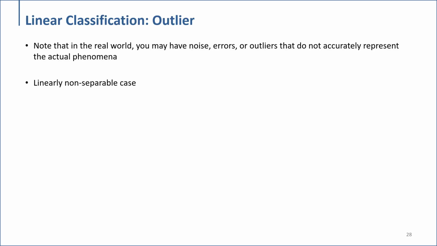From now on, let's see the case where an outlier exists. Of course, in the real world, you may have some noise or errors, also called outliers, that do not accurately represent the actual phenomena. This is also called the linearly non-separable case.